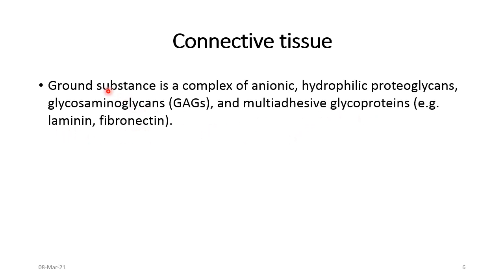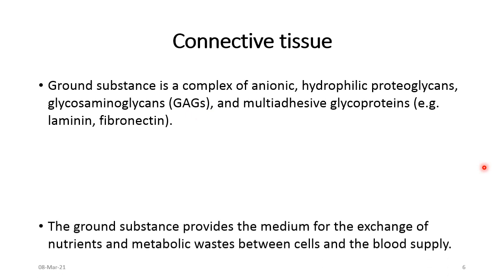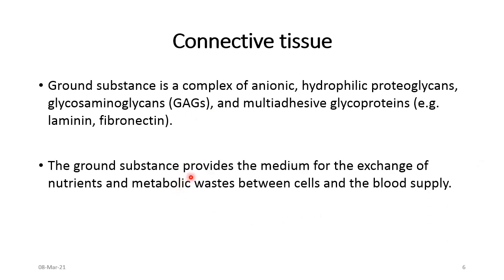So ground substance is a complex of all these anionic, hydrophilic proteoglycans, glycosaminoglycans, or GAGs, abbreviation. And the ground substance, its function is to provide a medium for the exchange of nutrients and metabolic waste between the cells and the blood supply. This is the function of ground substance.